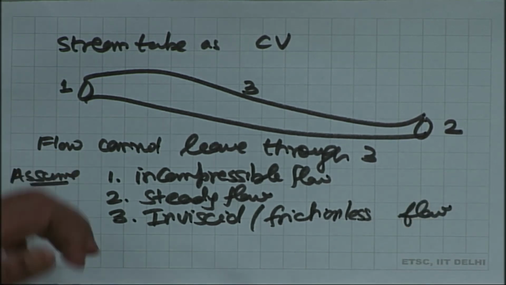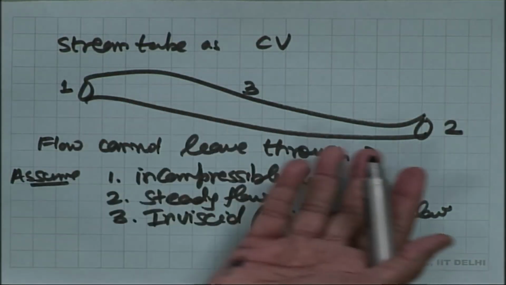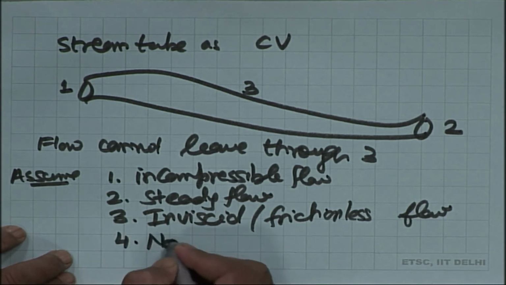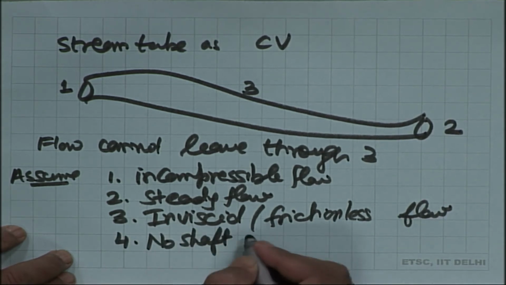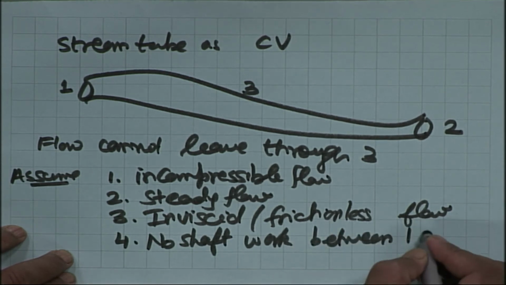That means, if the flow is inviscid, the work done by viscosity on surface 3 will be assumed to be 0. We are assuming inviscid flow, and then we also assume no shaft work between 1 and 2.